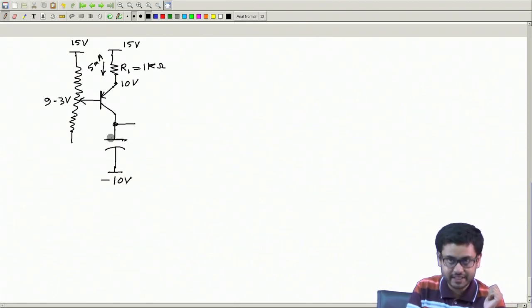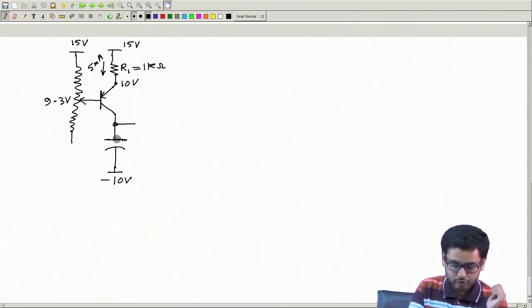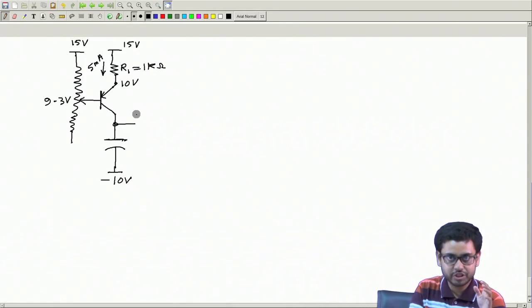So that when there is no charge across the capacitor, this is also negative, this is also negative. And then it will start to grow from this negative value first to 0 and then to positive.